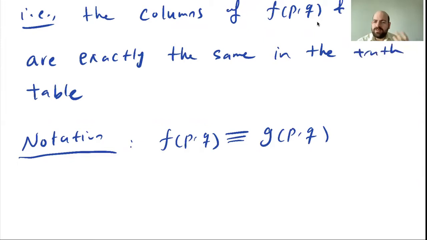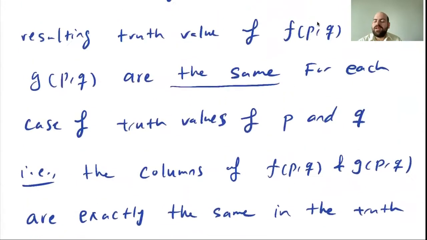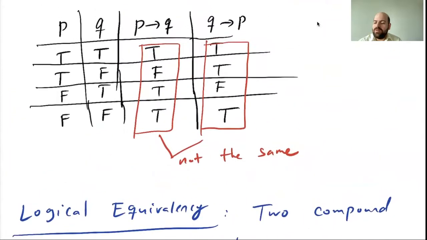The easier way to describe this is with the truth table. If you want to know whether two compound propositions are equivalent or not, look at the columns in the truth table for those two compound propositions. If the columns are exactly the same for each row, then they are equivalent.